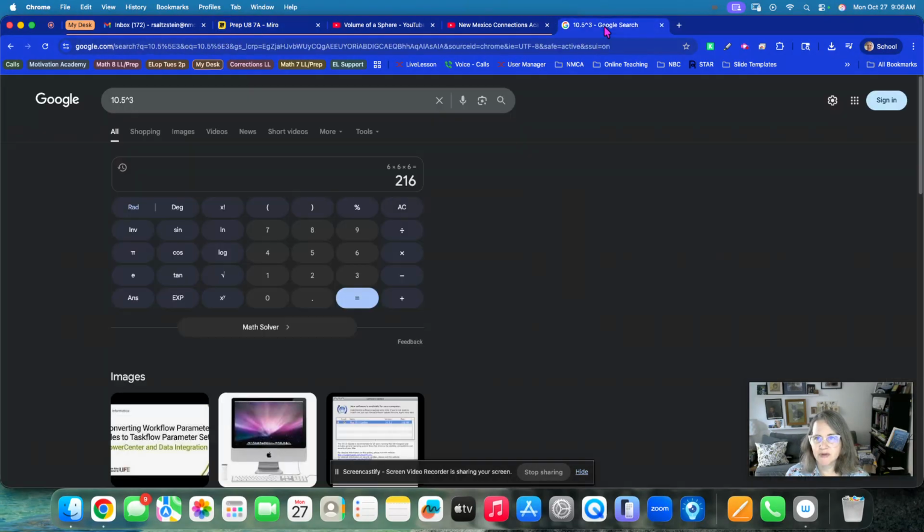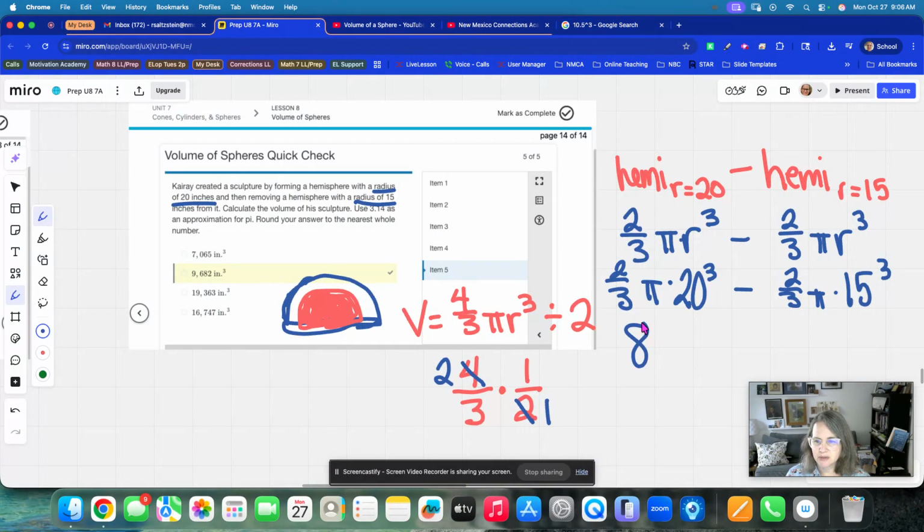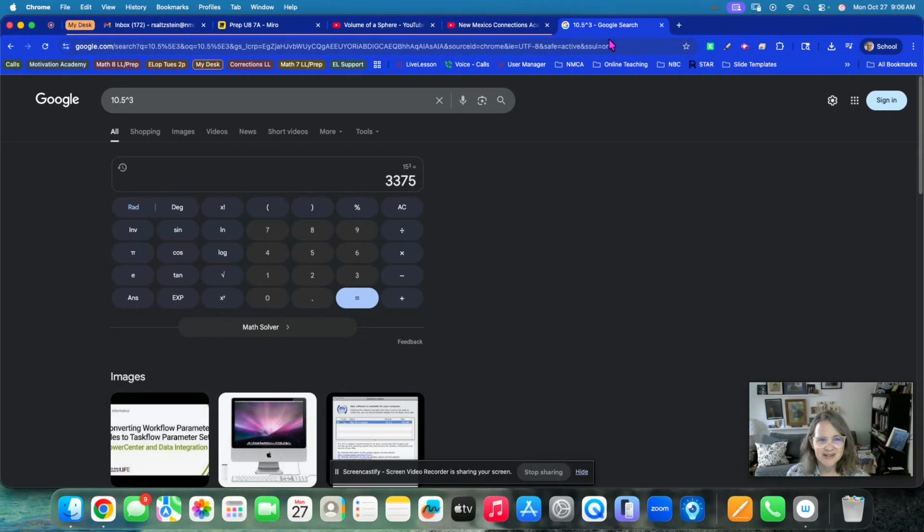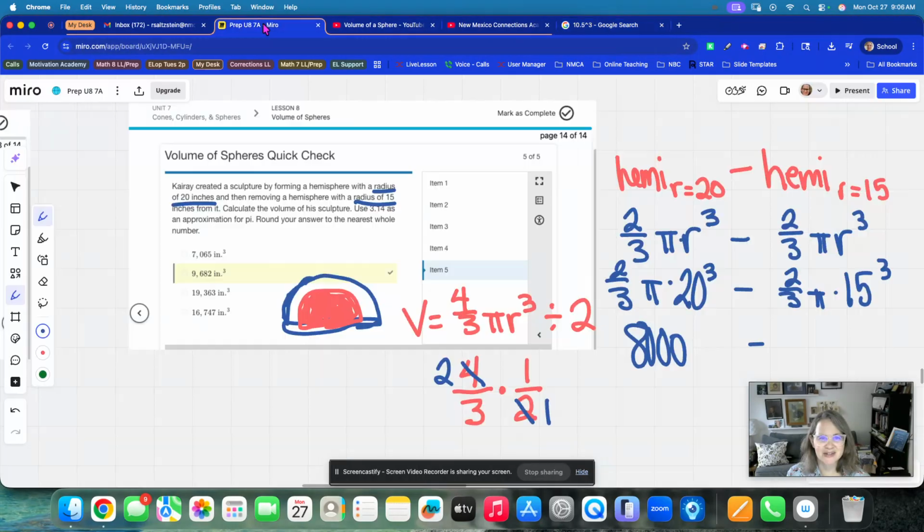Let's find 20 cubed and 15 cubed. 20 to the third power is 8,000, and then 15 to the third power is 3,375.